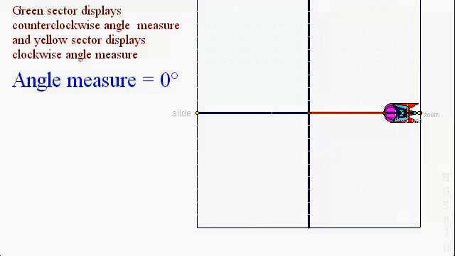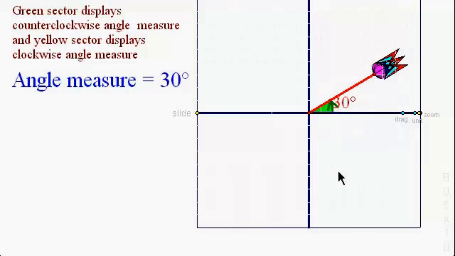If we reset, let us see what happens if it is 30 degrees. It moves in the positive direction, it is 30 degrees. What happens if I am trying to find the clockwise measurement, which will be a negative angle? That will be negative 330 degrees, to make it 360.